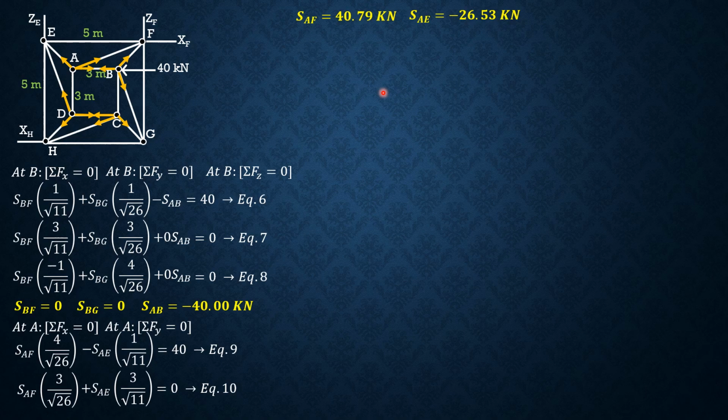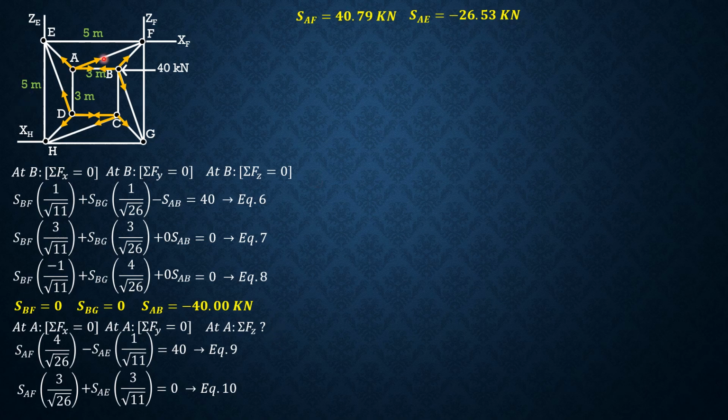So that's it. Then we proceed to joint D. At A, let's check summation forces along Z if it is 0.